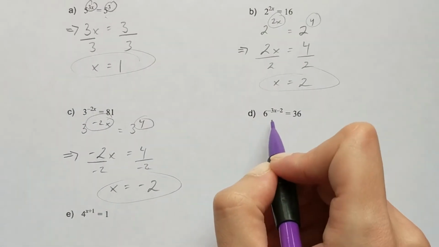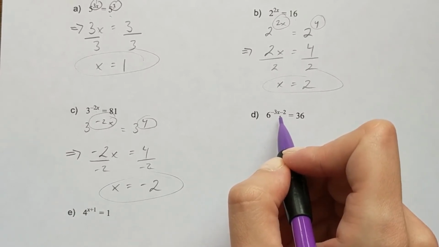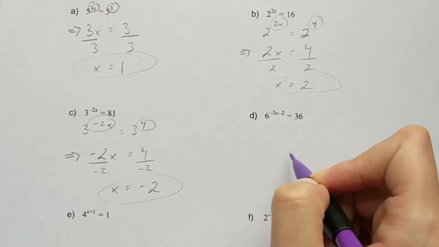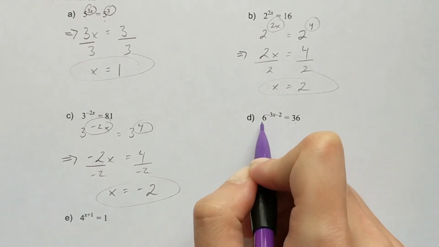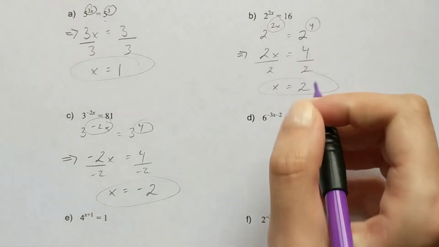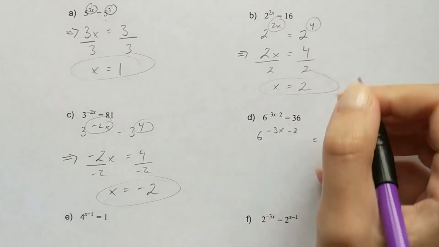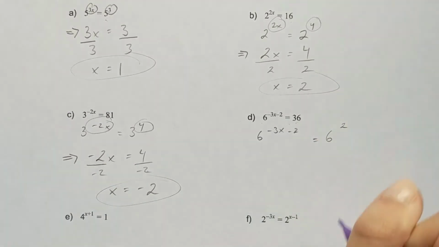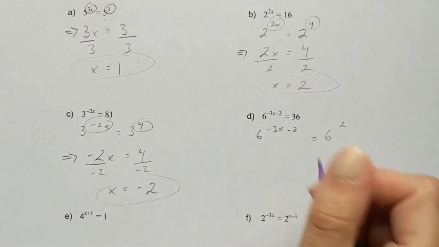Okay, 6 to the power of negative 3x minus 2 equals 36. Let's start right off the bat by changing the 36 to have a base of 6. 36 is the same thing as 6 to the power of 2. Now that I have the same bases, I can only look at my exponents.